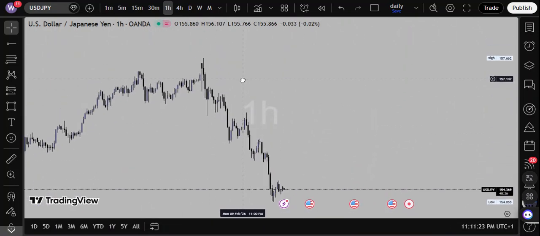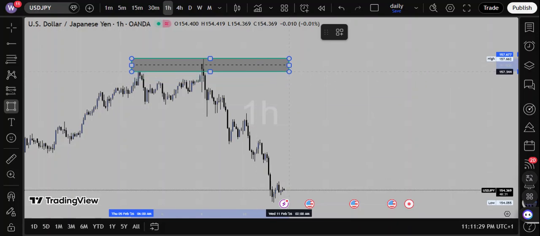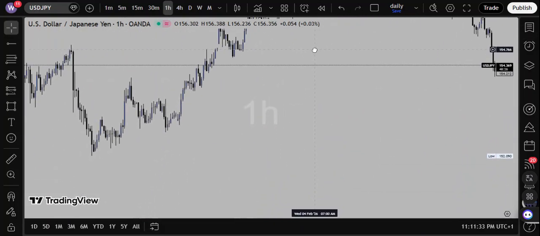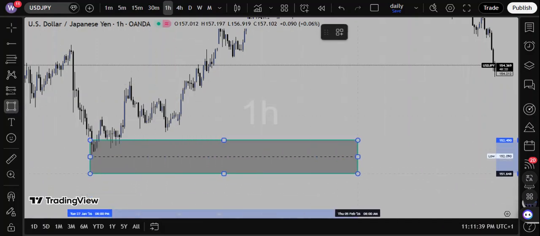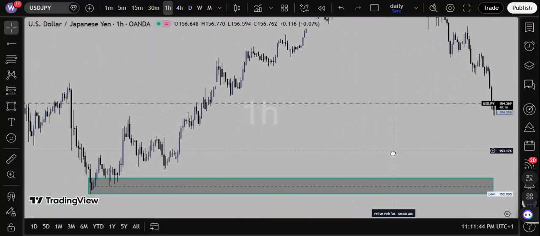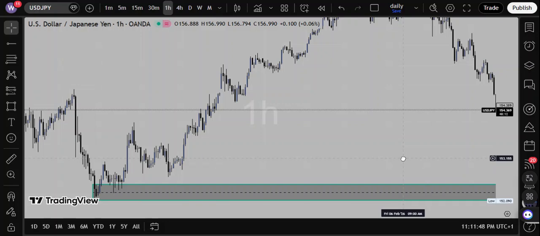Now, what do we want to do? We want to mark our resistance area, which is this zone right here, and our support area, which price has been respecting, which is this right here. Let's keep it simple.